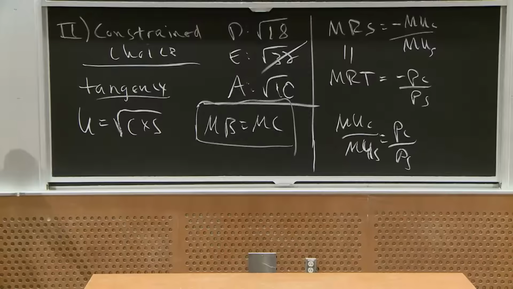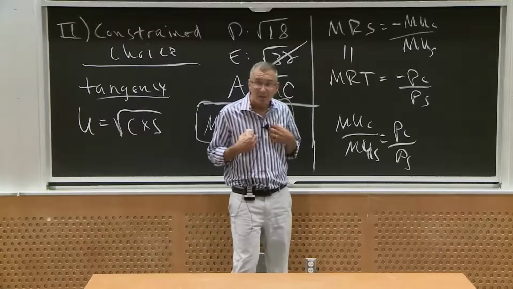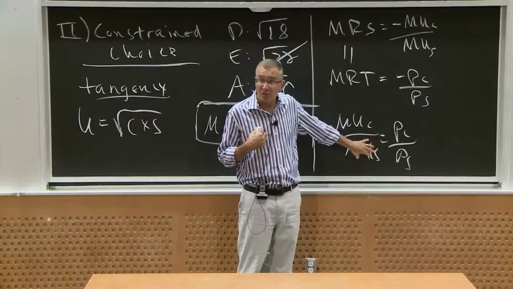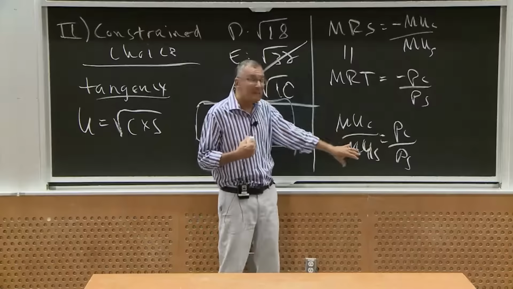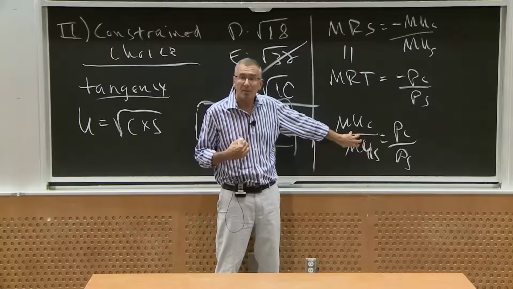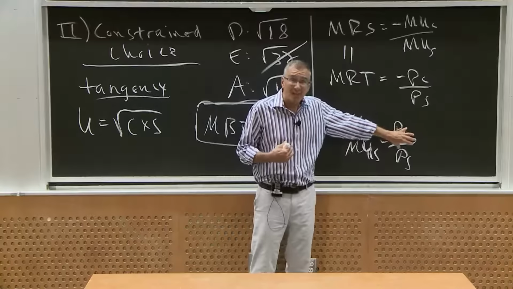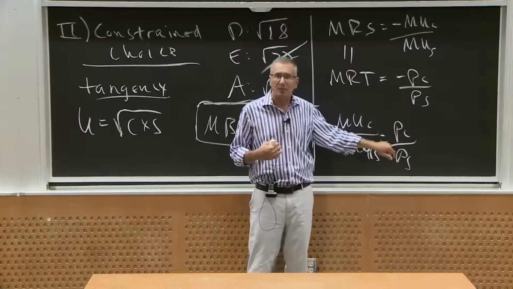What's this ratio? This is saying how much is the next cookie worth to me relative to pizza slices, and what's it going to cost me relative to pizza slices. The marginal benefit is how happy I am with the next cookie in terms of how much pizza I have to give up. The cost is how much I have to spend for the next cookie relative to what the next pizza is going to cost.